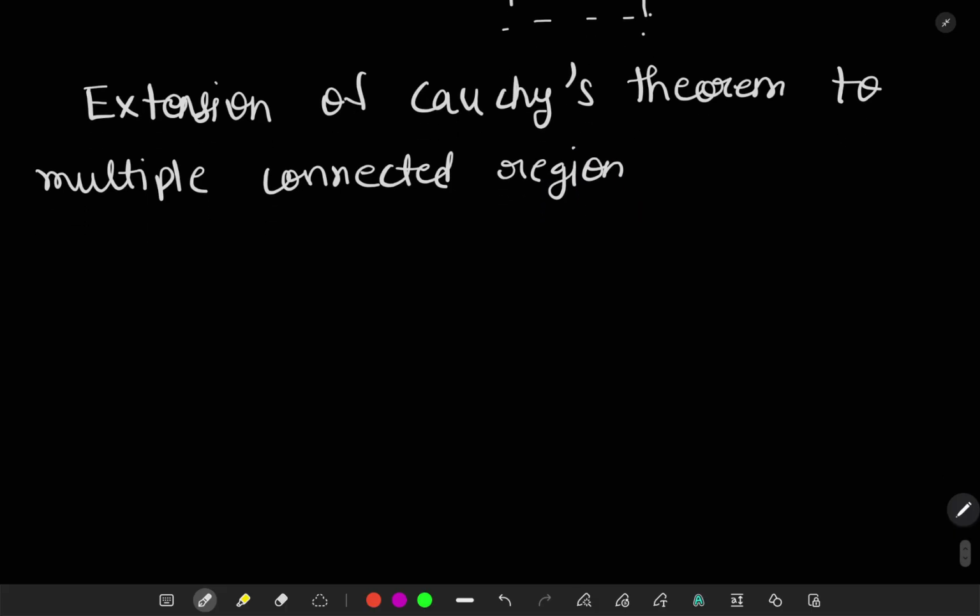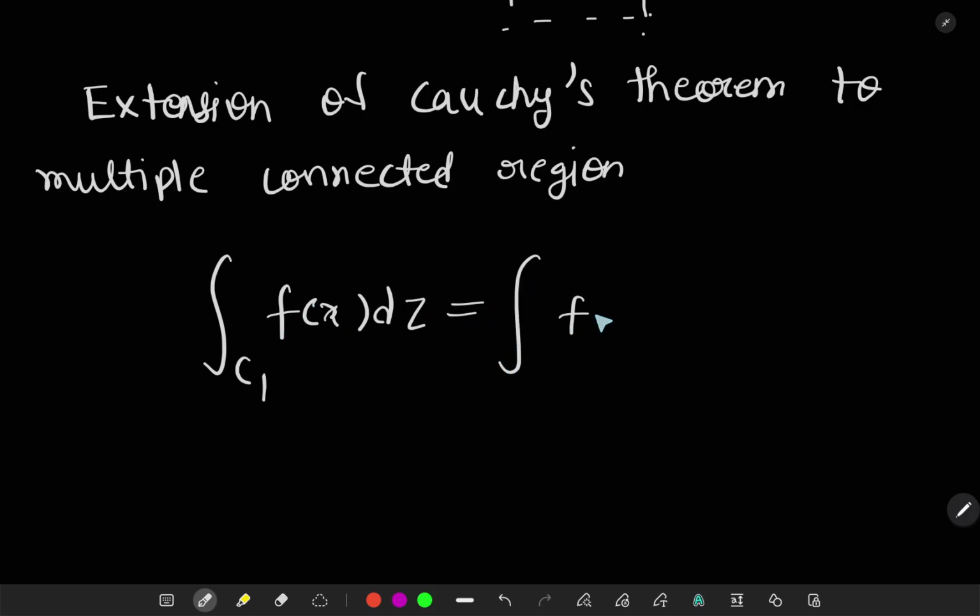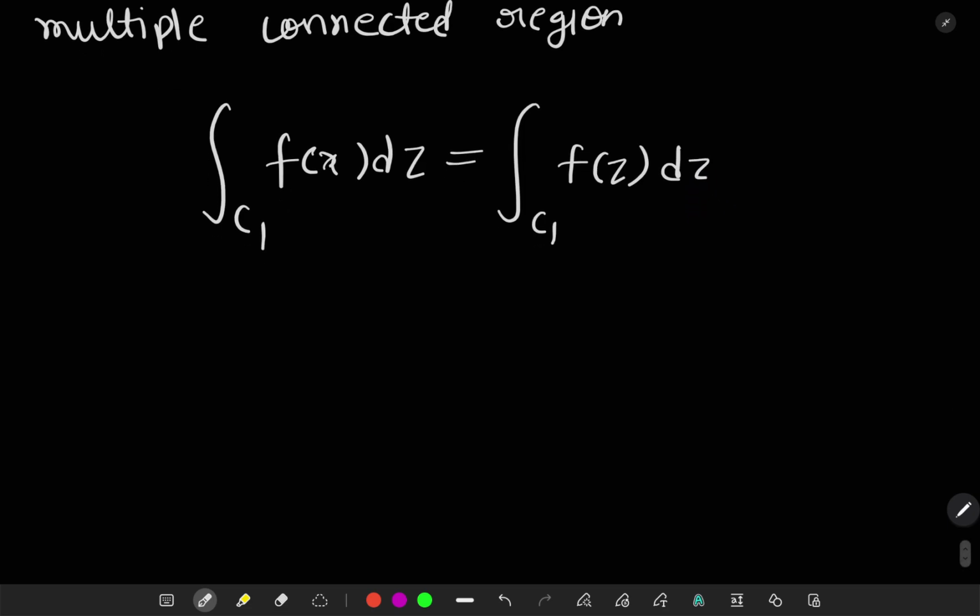If f(z) is analytic in region R between two simple curves, then we can write the integral of f(z) dz for closed curve C1 equals the integral of f(z) dz for closed curve C2.